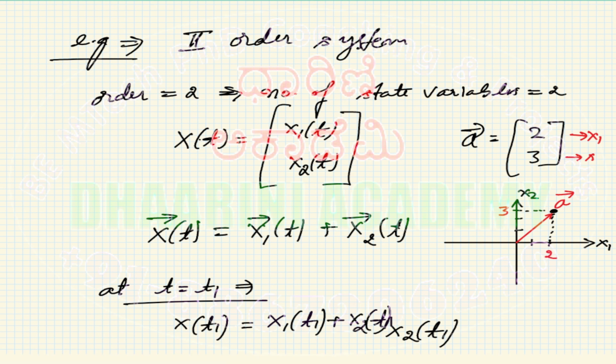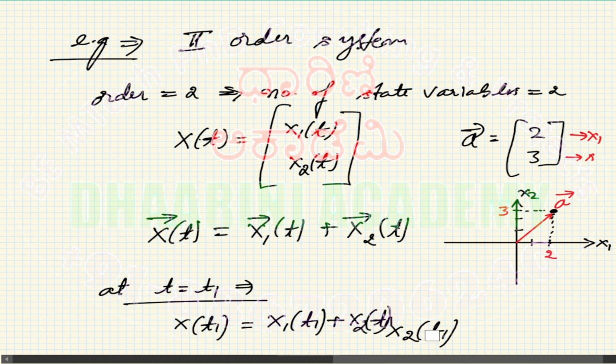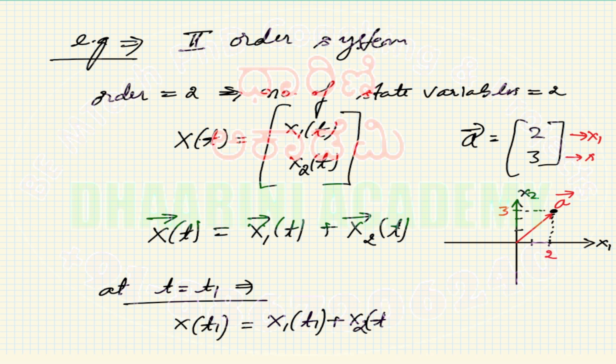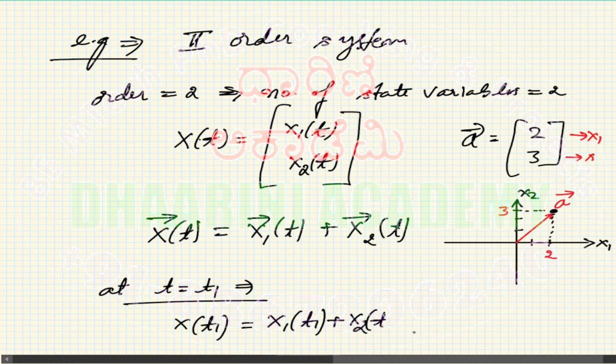So we add up those components, x1 of t1 plus x2 of t1, to calculate the state of that system, the capital X at a given time t1.